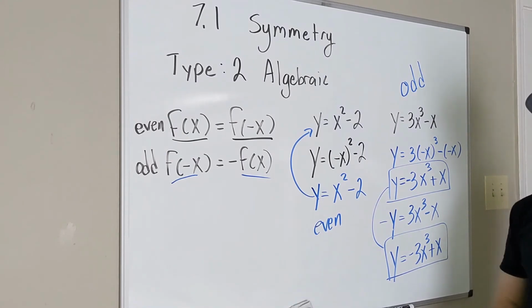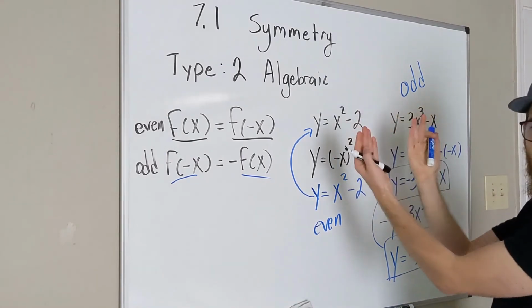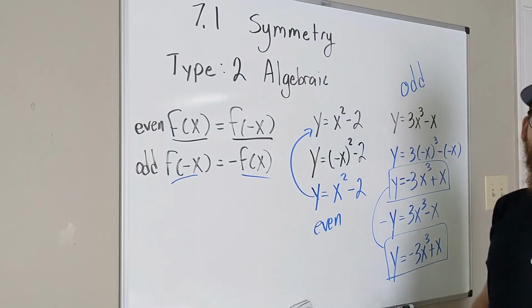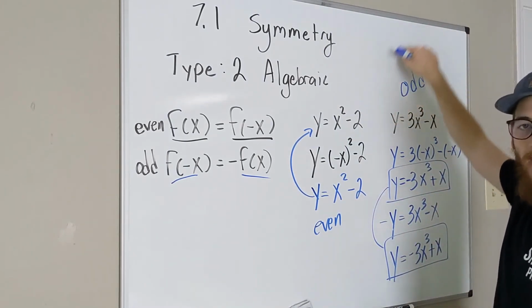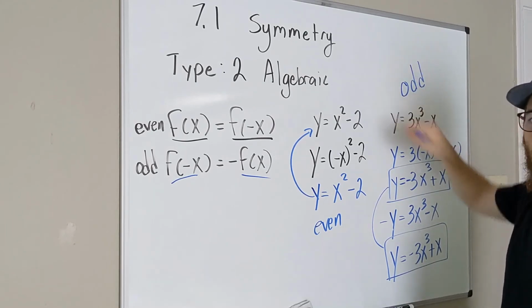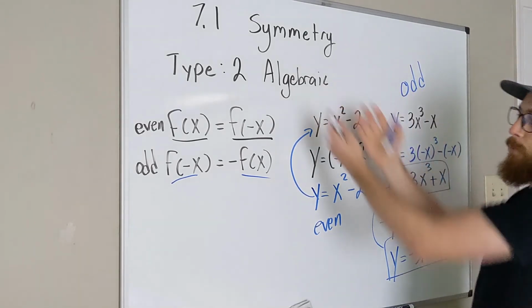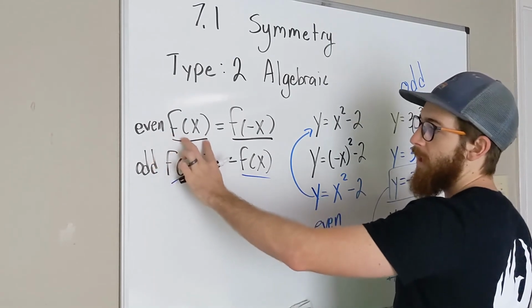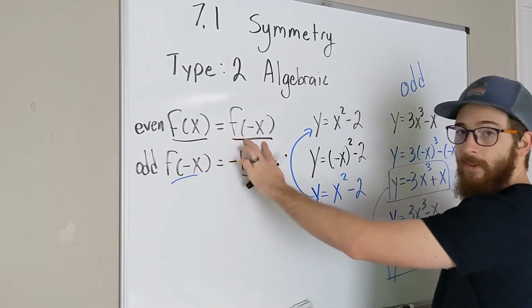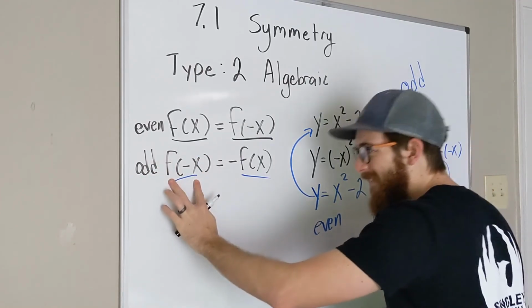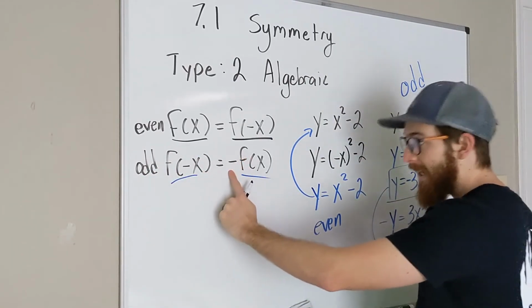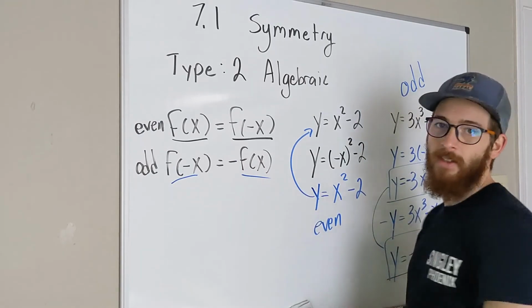Okay, so graphically, you're looking for left and right to match for even, and for odd functions you're looking for a rotation of 180 degrees around the origin. For algebraic, for even you're looking for f of x equal to f of negative x, and for odd you're looking for f of negative x equal to negative f of x.